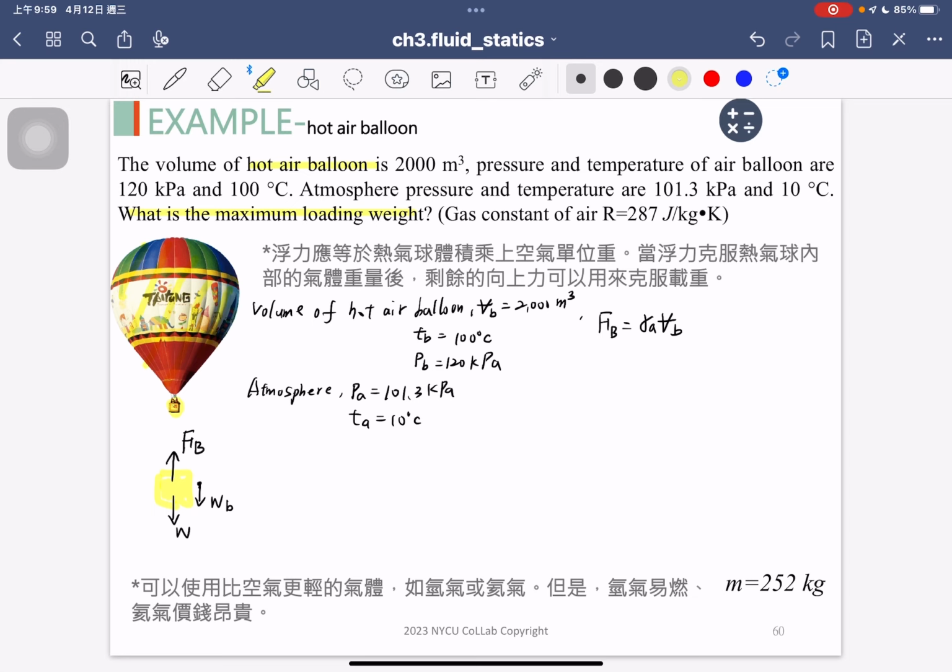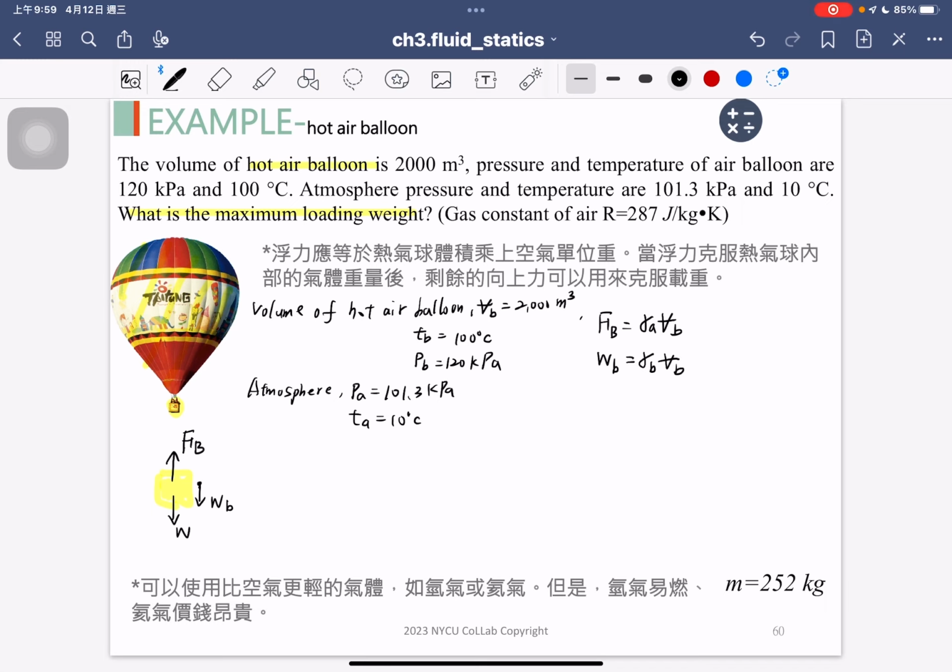So this is our buoyant force. And then what is WB? The WB is the weight of the balloon. So we need gamma of the balloon multiplied by the total volume.